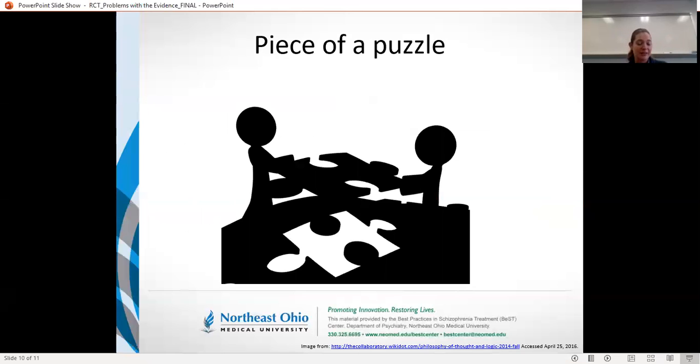So the clinical trials are a piece of the puzzle. I was looking for one that was in the public domain, but a foundation. So these are the building blocks for having evidence-based medicine, but they're not going to be completely applicable to your patient populations.